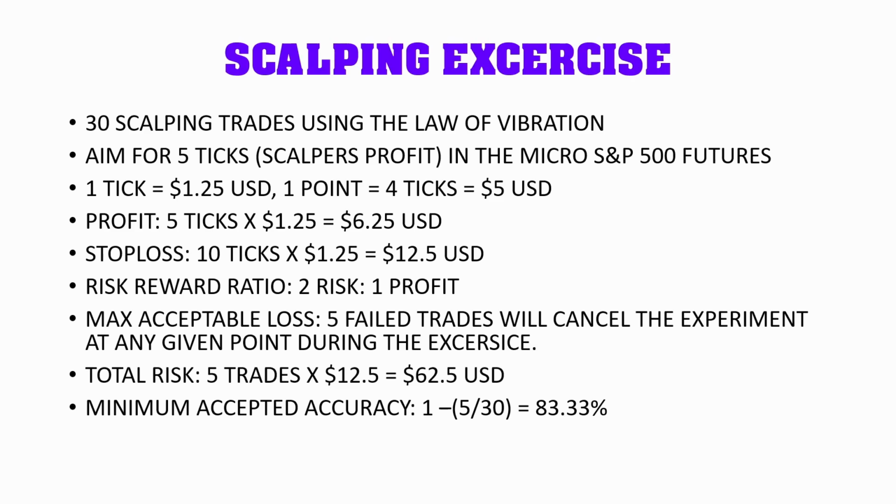This is obviously the gross profit, not the net, because then I have to deduct commissions, fees and other stuff. And the stop loss, I am going to use twice as much as the profit, 10 ticks, and that will be $12.50 in each trade.